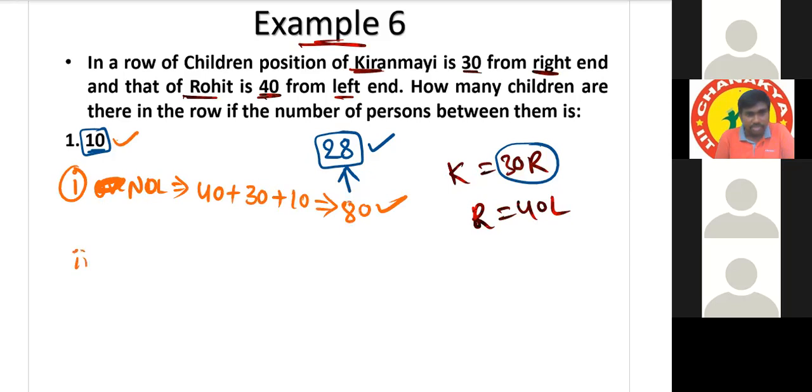The other possible answer is the overlap case. Left position is 40, right position is 30. Now we need to subtract.